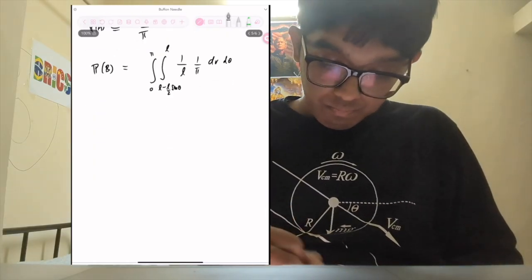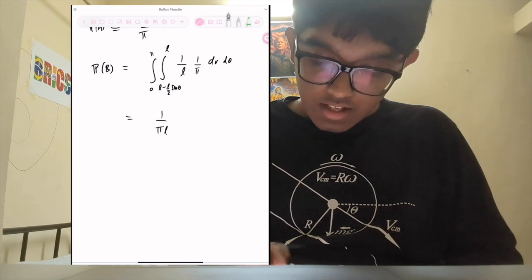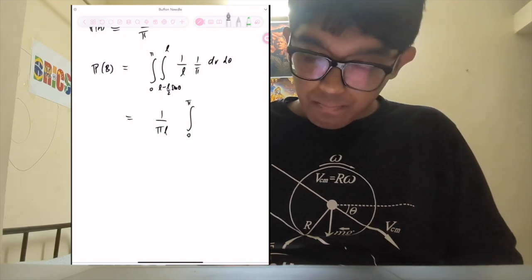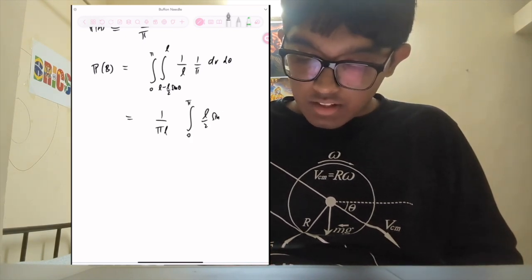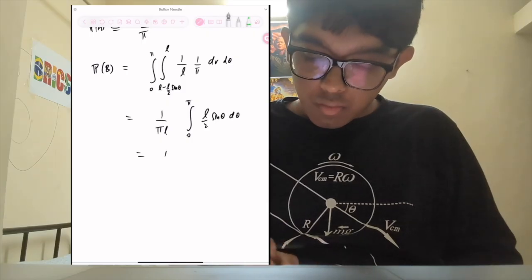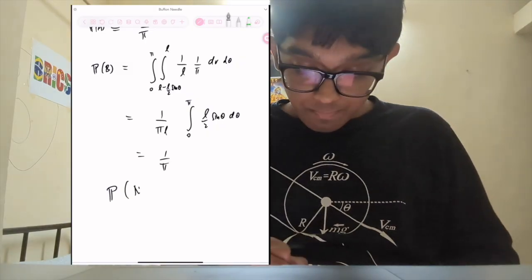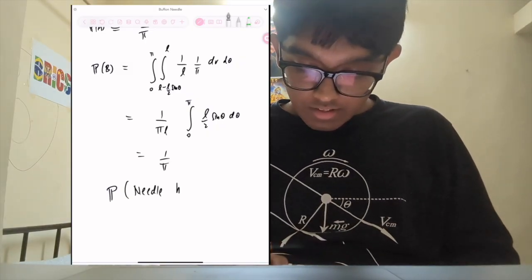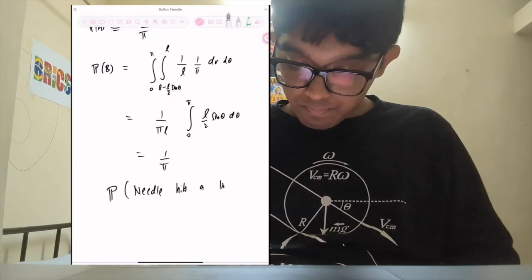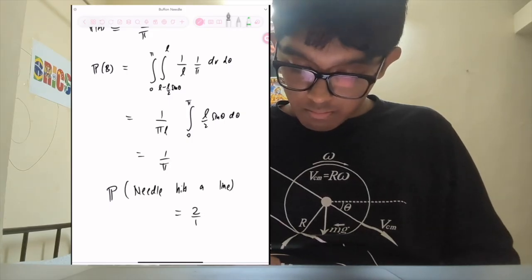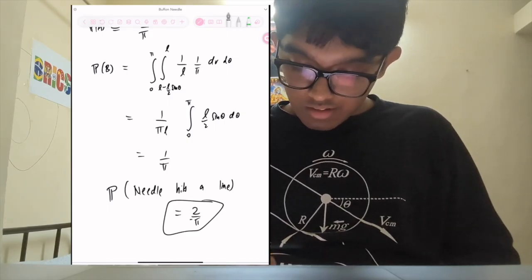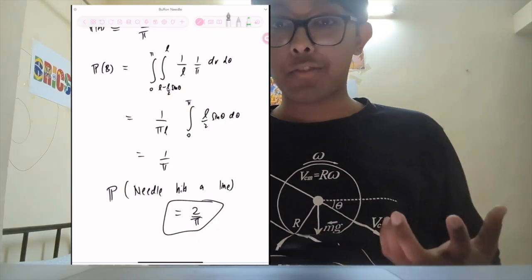Again, that would be 1 by pi L integral 0 to pi L by 2 sine theta d theta, and that is 1 by pi. So the probability that the needle hits a line is equal to 2 by pi. So it is pretty cool how pi just came out of nowhere.